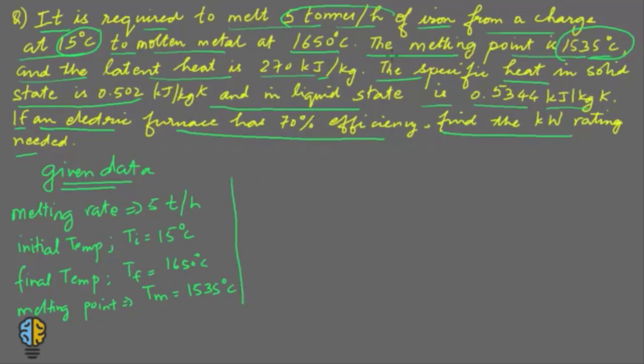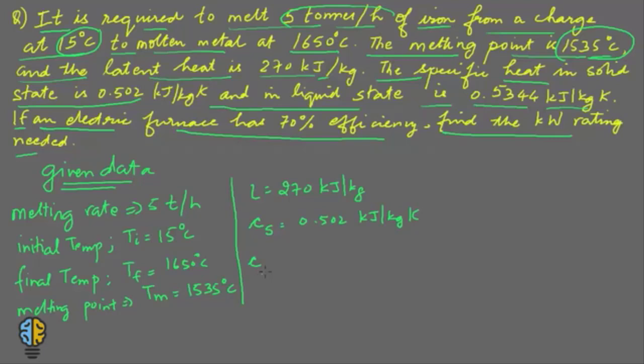There's more. The latent heat is 270 kilojoule per Kelvin. Oh, sorry, kilojoule per kg. There's no Kelvin involved in latent heat. The specific heat in solid state is 0.502 kilojoule per kg Kelvin.